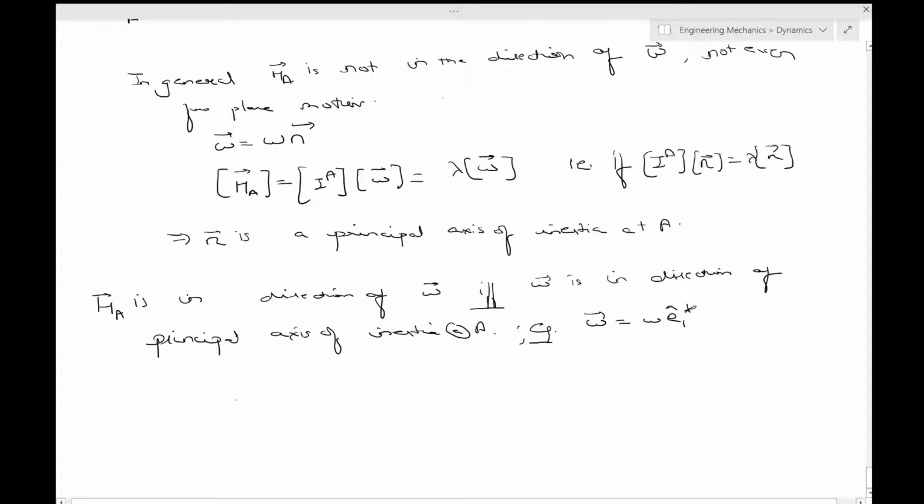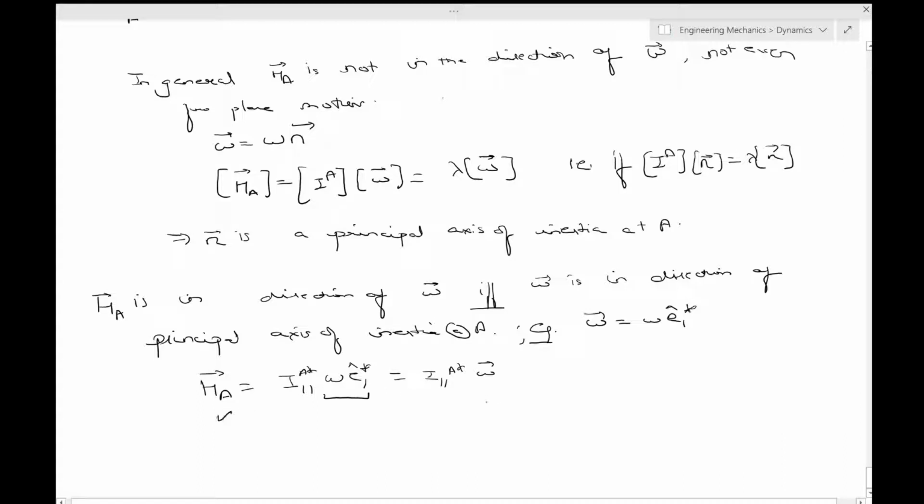Then in this case, HA will be equal to I11 A star omega E1 star, equal to I11 A star omega, because omega E1 star is this.